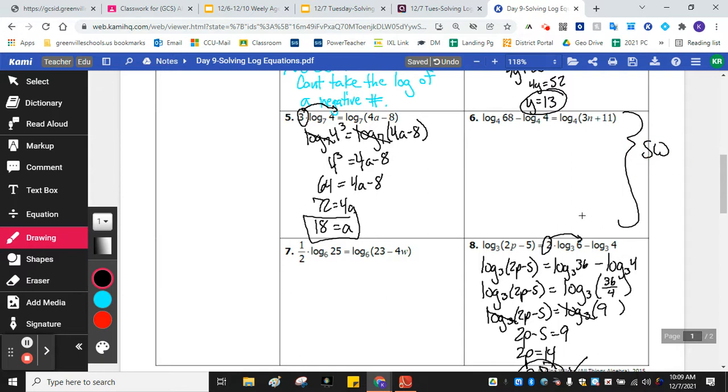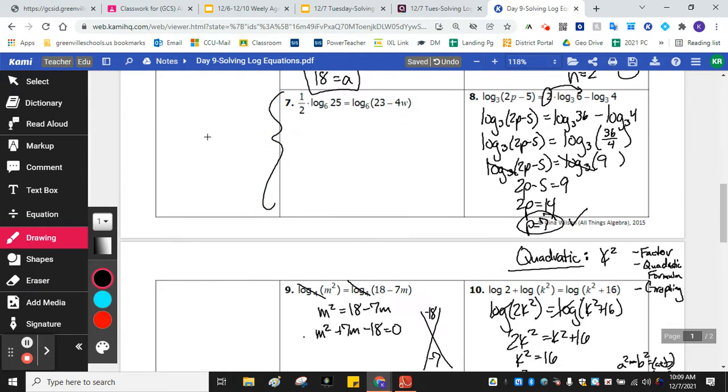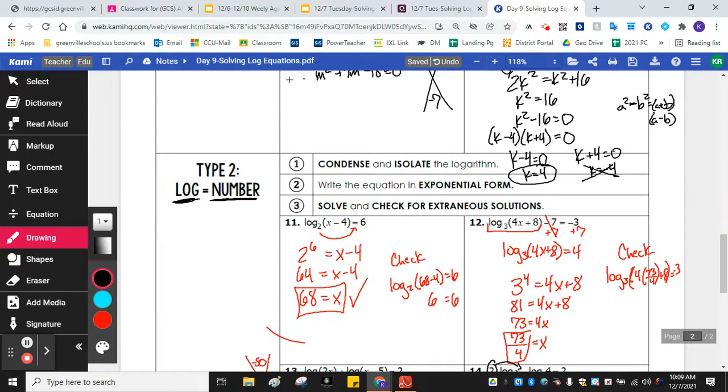Show work. n equals 6. 2. Show work. W equals 9/2. Show work. 2 answers.